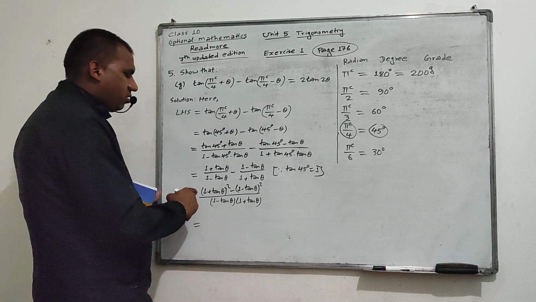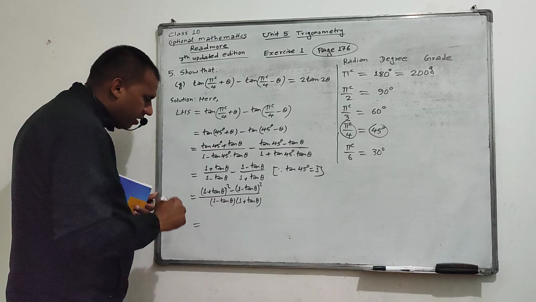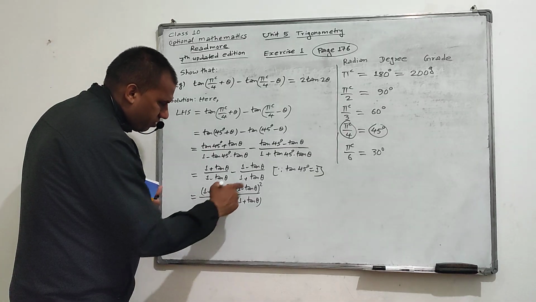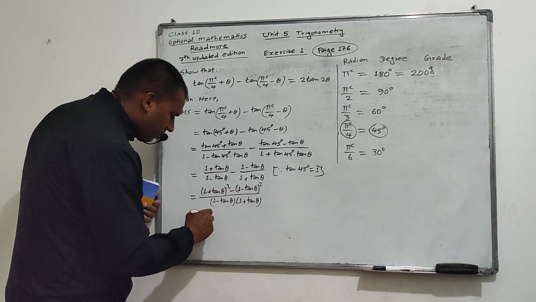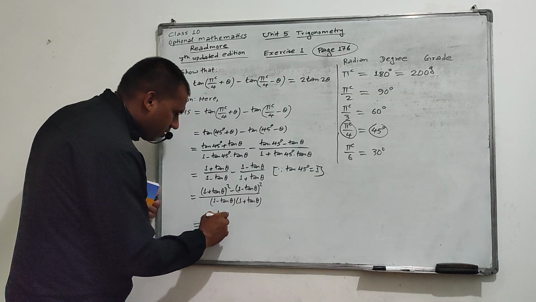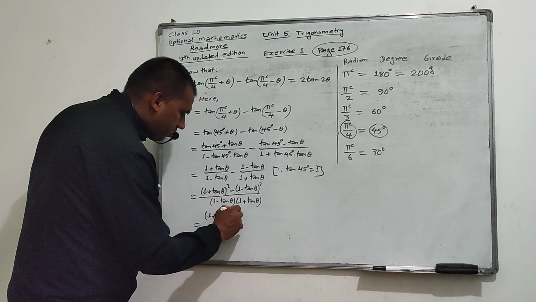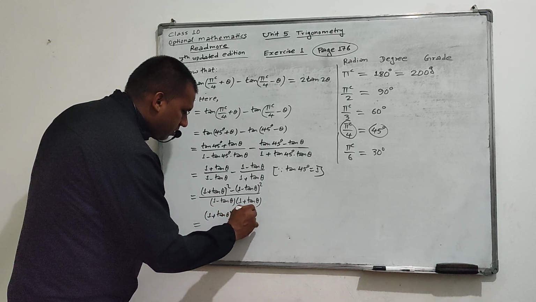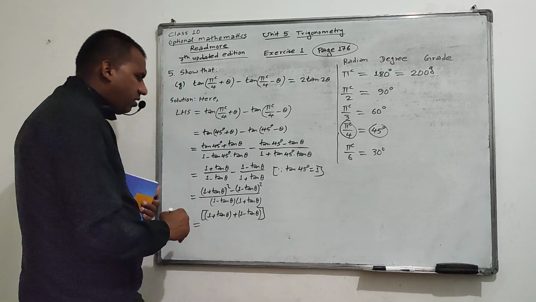Now it is a plus b whole square form. This is a minus b whole square form. Or we can use a square minus b square form. So a square minus b square is a plus b, a minus b. Here a plus b is 1 plus tan theta plus 1 minus tan theta.